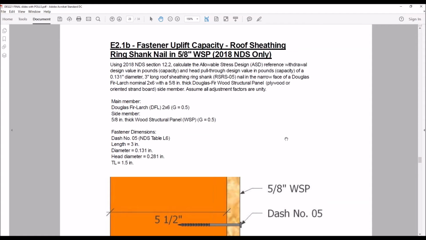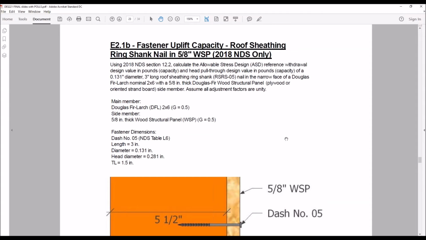These fasteners were added to ASTM F1667 prior to the release of the 2018 NDS, and that's the standard that the NDS references for nails. So these are a standardized nail. They're not considered proprietary, and they also accompanied the addition of the new provisions for fastener head pull-through.